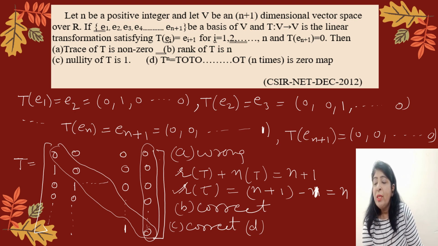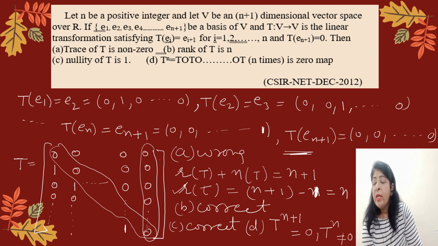Now you can see from here that T of n plus 1 is 0, but T of n is not equal to 0.